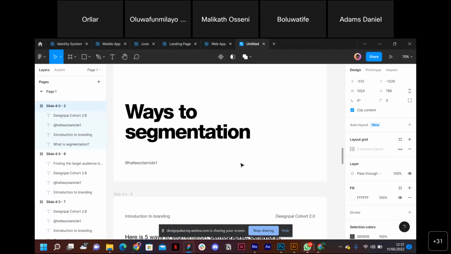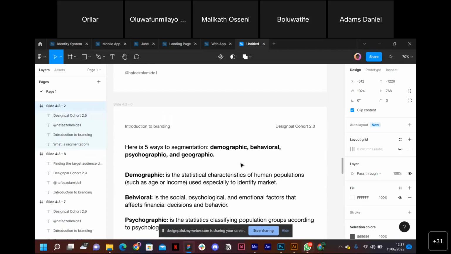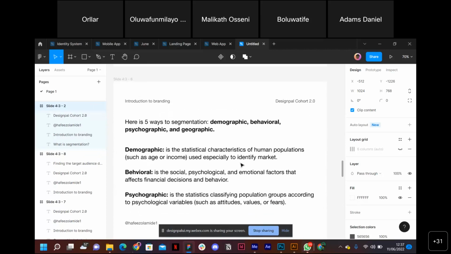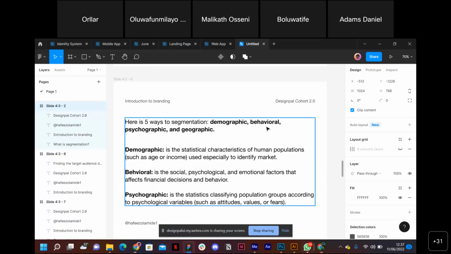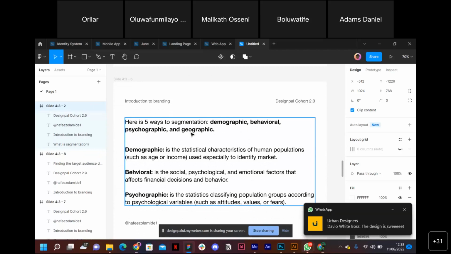So here we have ways of segmentation. I have five ways of segmentation. I have demographic, behavioral, psychographic, and geographic. So basically, no, we have more, but for branding, these are the four I use most of the time.